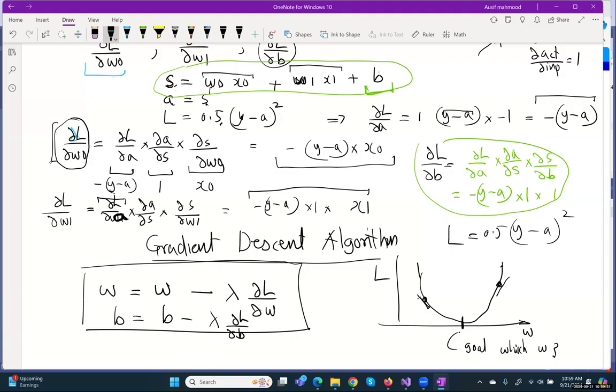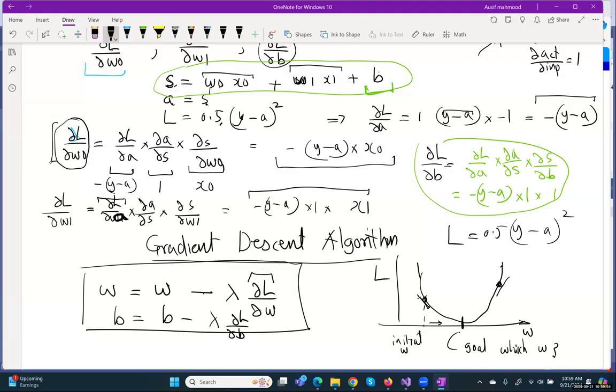As I mentioned, for example, over here, the slope is negative. So if the initial weight was over here, to get to the lowest loss we have to increase the weight. The slope is negative, and you can see this is a negative term.